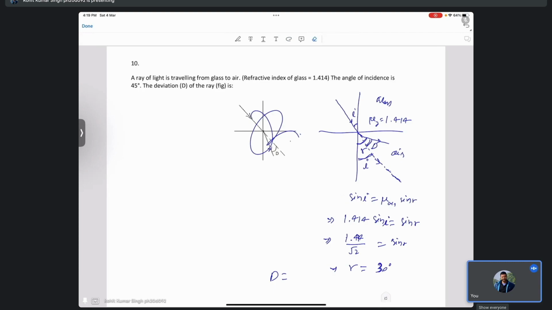Oh, no. This is correct, right? Mu G, because incidence is from the glass medium.